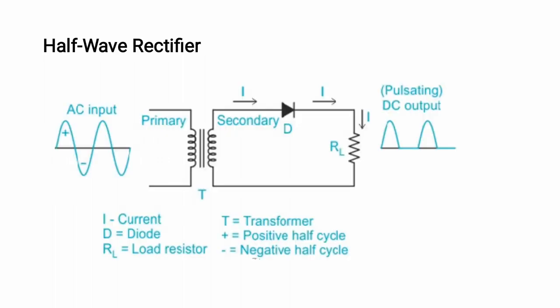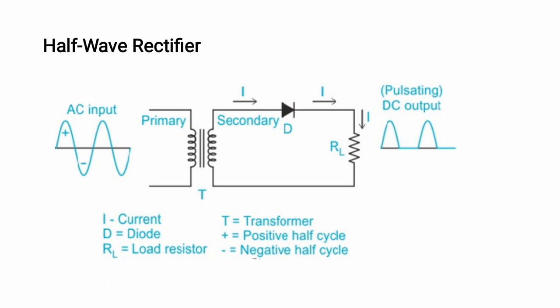So this is the basic structure of the half wave rectifier, where we can see an AC supply, one step down transformer, a diode and a resistor. Between the transformer and the resistor is a diode, and the circuit receives the alternating current from the AC supply, and a sinusoidal waveform is commonly used to depict alternating current.